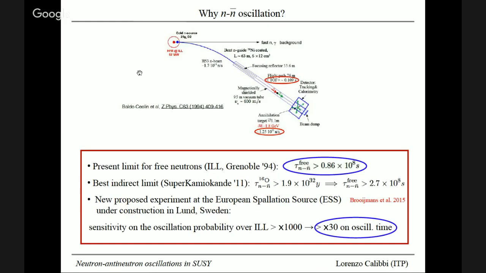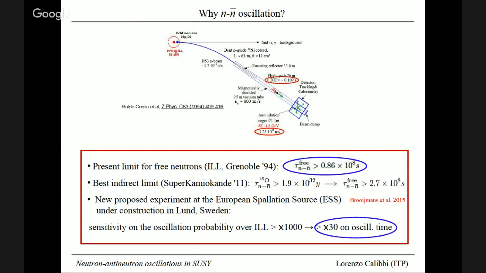And this is a sketch of the experimental setup. More recently, Super-Kamiokande in Japan established an indirect limit, based on the fact that, as you know, they have a big tank with a lot of water, so a lot of oxygen.